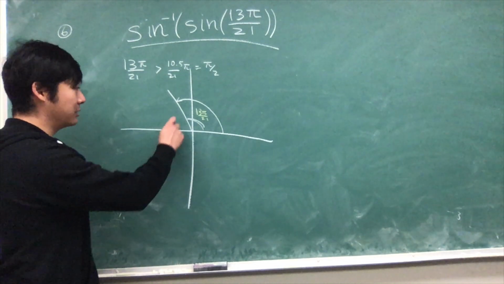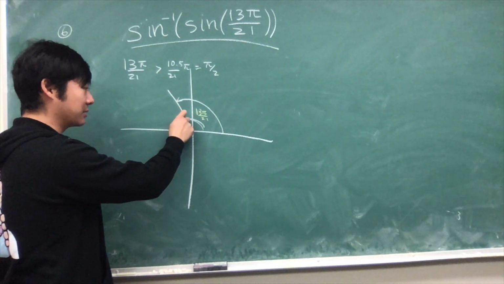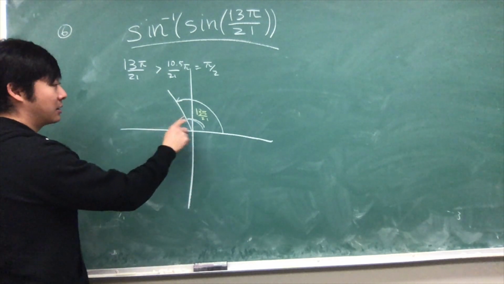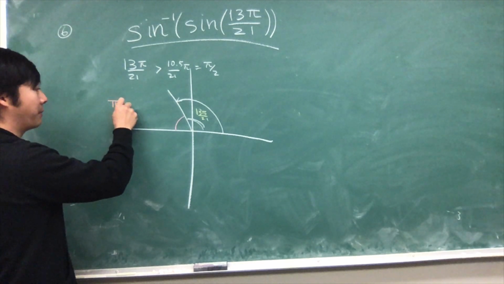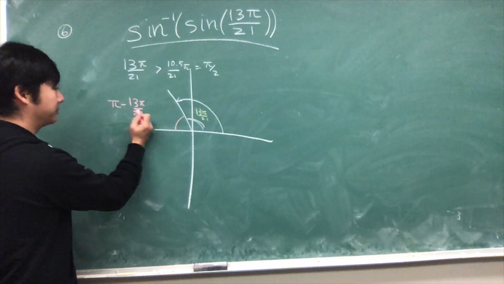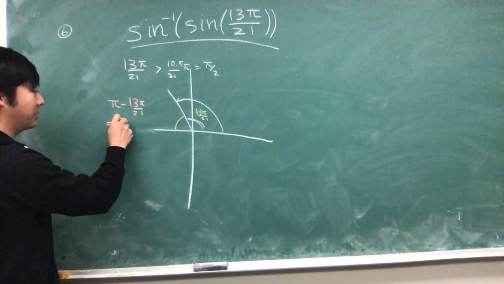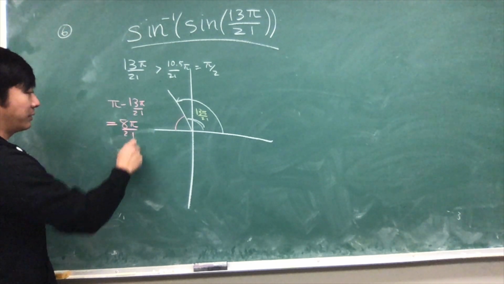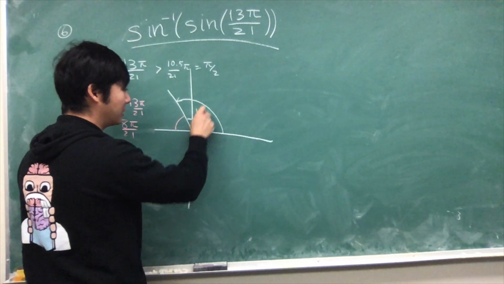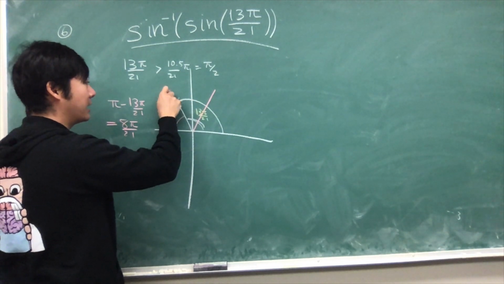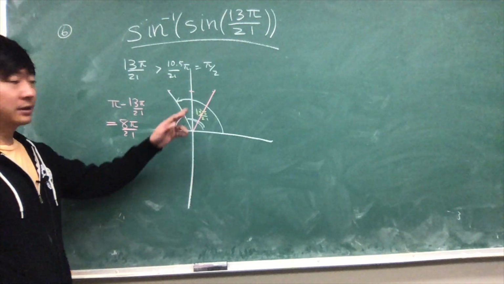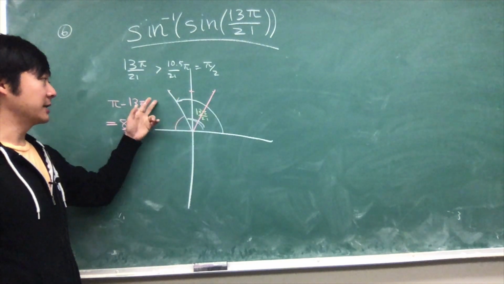So how to do that is you use reference angles. This angle is pi minus 13 pi over 21, which is 8 pi over 21. And then if we use the symmetry, well, sine is the vertical, which means it's positive in the first and second quadrant.